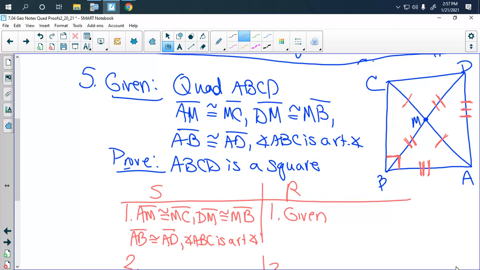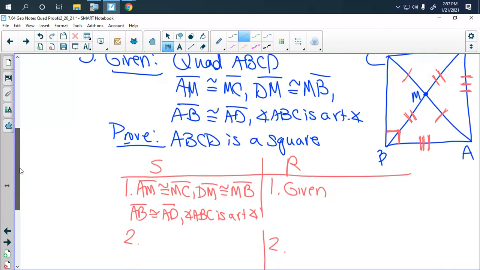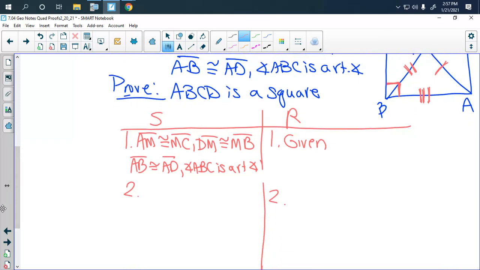Everything else is kind of given to us. Another way you could have done it is get it to be the parallelogram because the diagonals bisect each other again. You could have then said it's a rhombus because it's a parallelogram with two congruent consecutive sides. And then it's a square because it's a rhombus with one right angle. All right, now that we've kind of talked it through, pause it if you haven't already and try to write this out and then check back with the video after that.